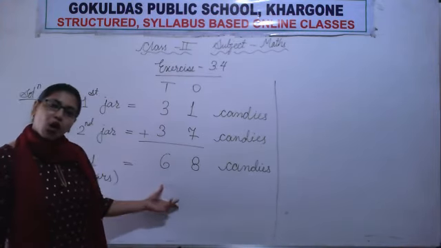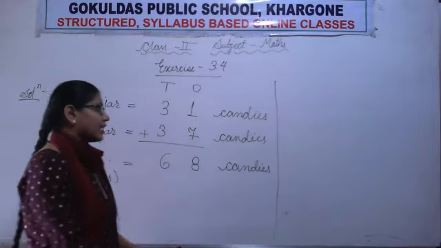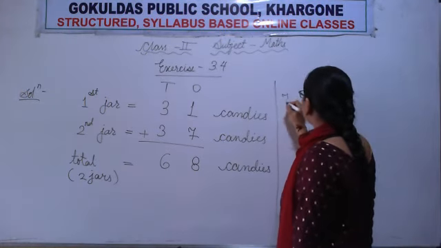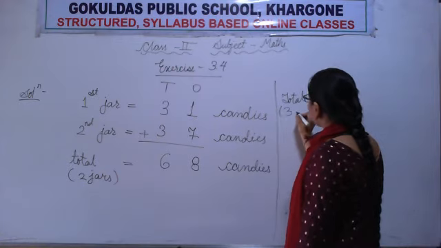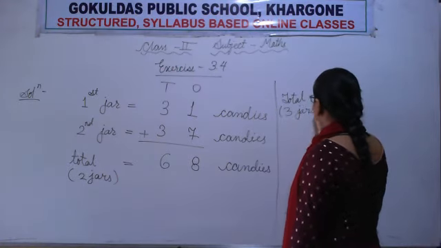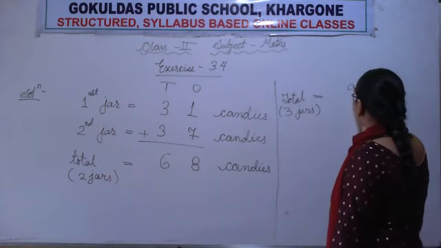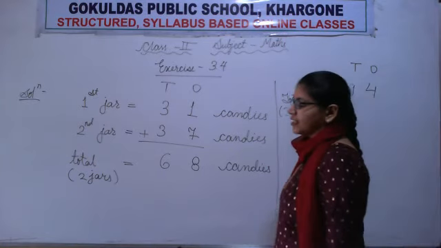See, you have copies, so you can write down below. I am writing here. Okay, so total of 3 jars. How many candies are there in total? 94. 94. Let's write about tens and ones.